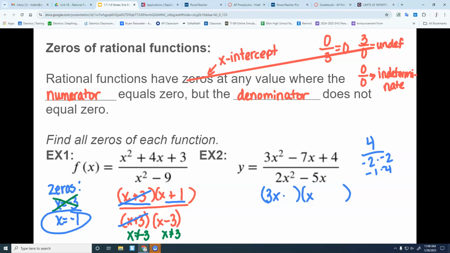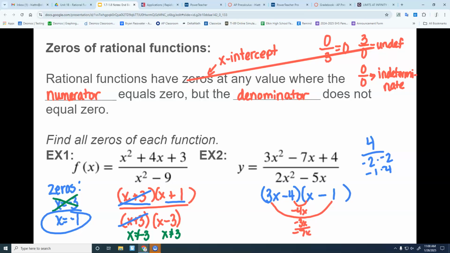If I do -1 here, no, wrong spot. -4 here and -1 here. That is going to work because this would be -4x and this would be -3x, and that would give me -7x, which is what I want.